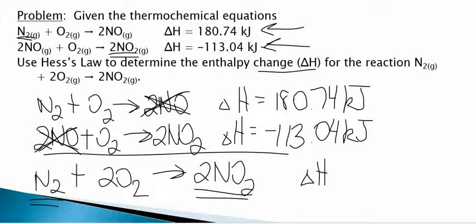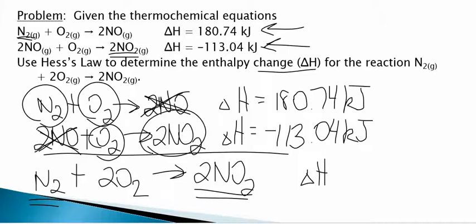It cancels out. Everything else adds up to give me my overall equation, N2 plus 2O2 form 2NO2. So Hess's law says if this process occurs in steps, simply add up the steps. So I'm simply going to add 180.74 plus a negative 113.04. So delta H for the overall reaction in this case is a positive 67.7 kilojoules.